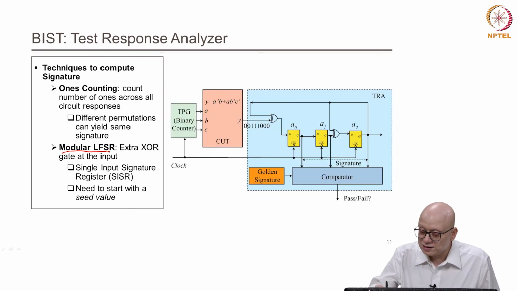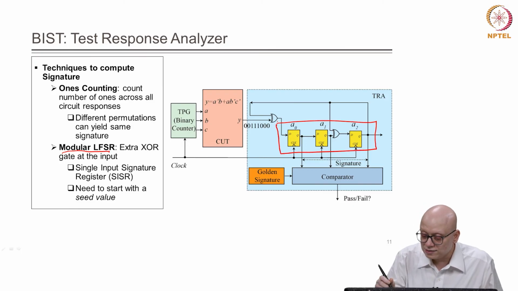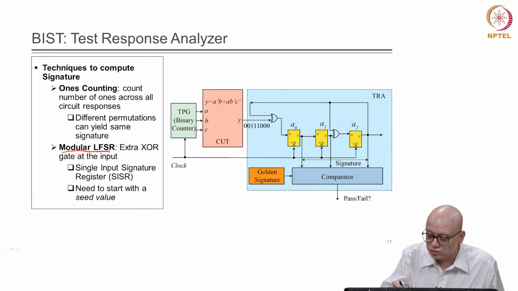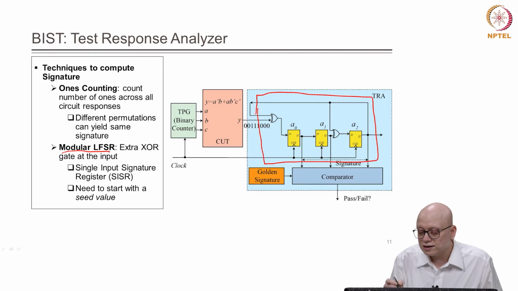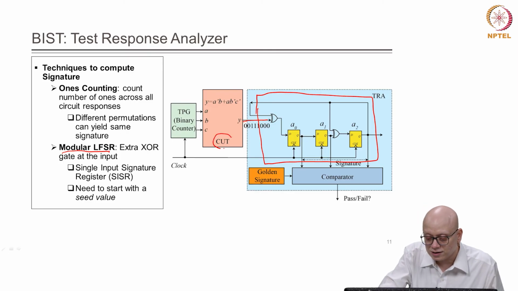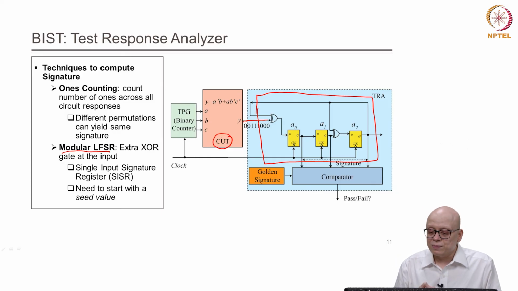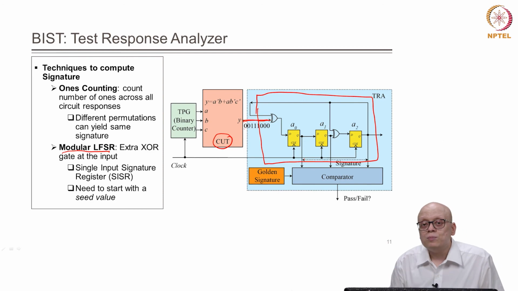So, this is an example of a modular LFSR, including the clock signal. In this case, one of the XOR gates takes input from our CUT, the circuit under test. The circuit will produce a sequence of zeros and ones, and that will go to the modular LFSR.